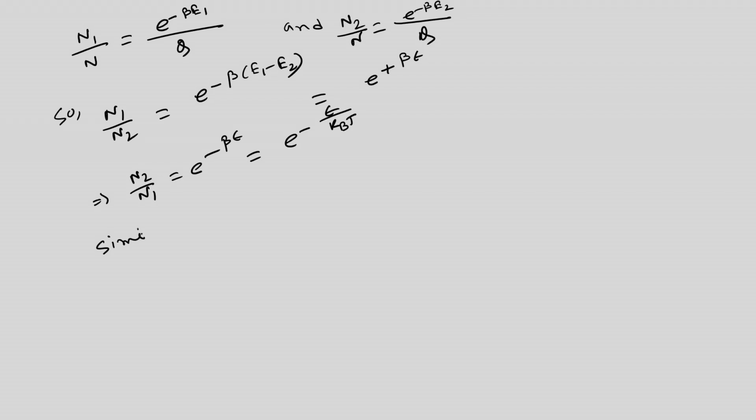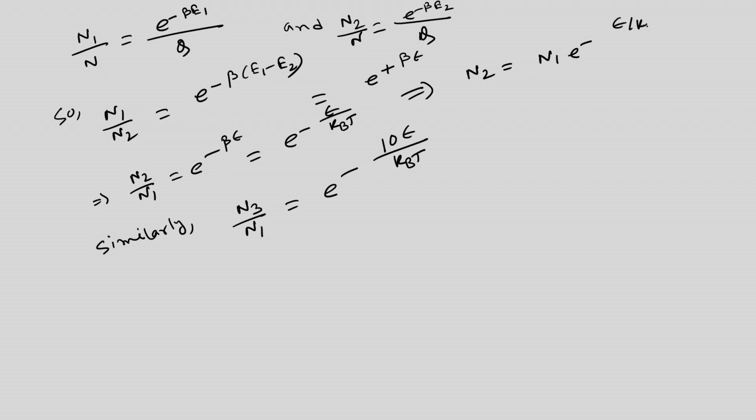Similarly, N3 by N1 is e to the minus 10 epsilon by kBT. Okay. So, from here we get the value of N2 as N1 times e to the minus epsilon by kBT, and the value of N3 as N1 times e to the minus 10 epsilon by kBT.